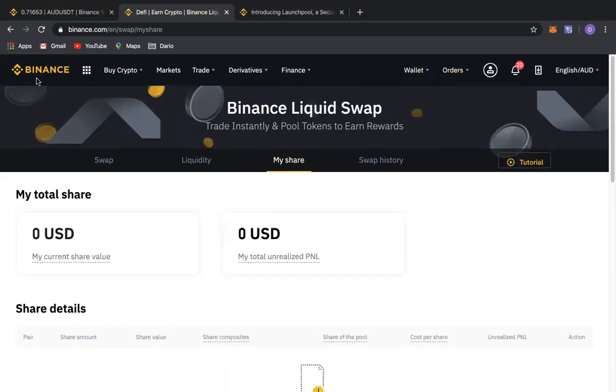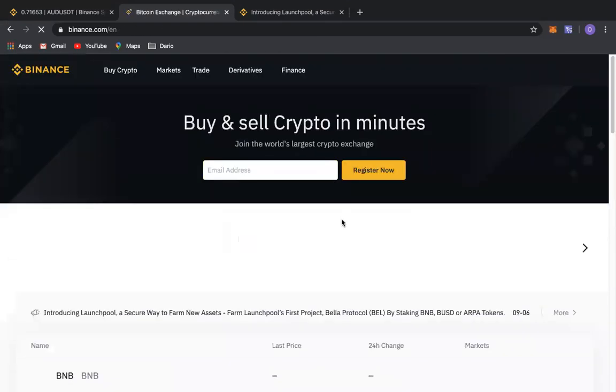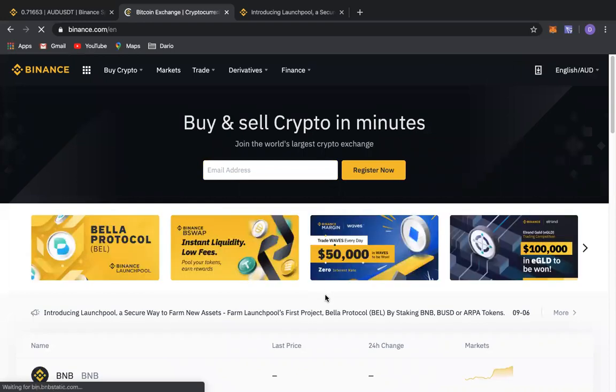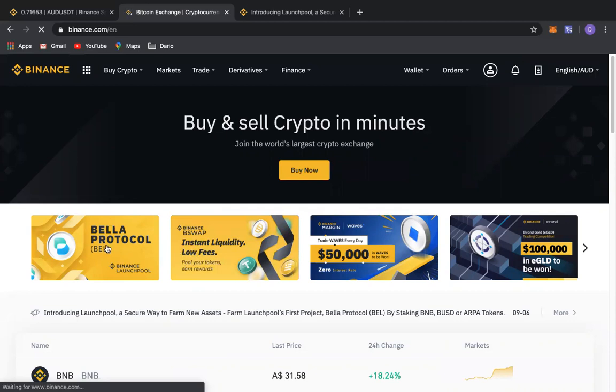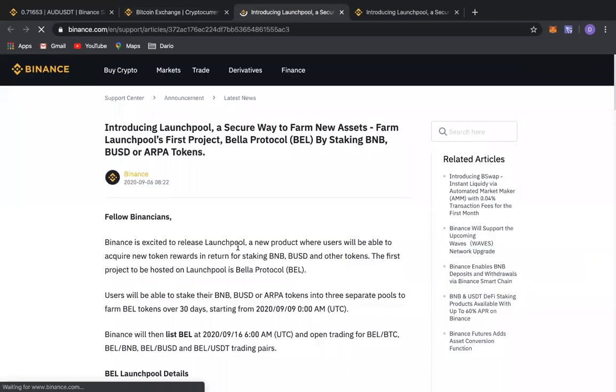But this one, if you go on the home page, you'll see it here. It's the left two little images: Bella Protocol, Launch Pool, and Binance BSwap. So these are the two DeFi related things Binance has launched as well. So if you're into DeFi and you've been into staking, with the Bella protocol you can actually stake USDT to receive this.